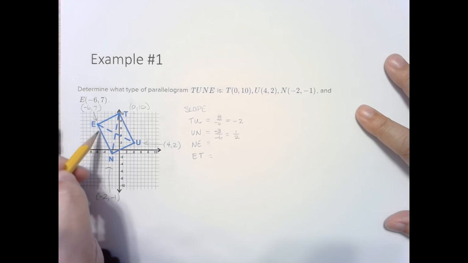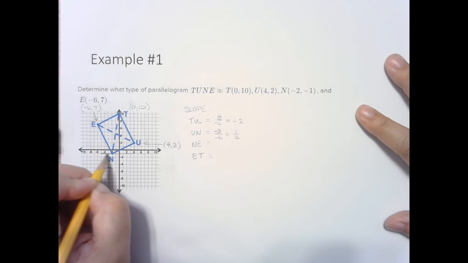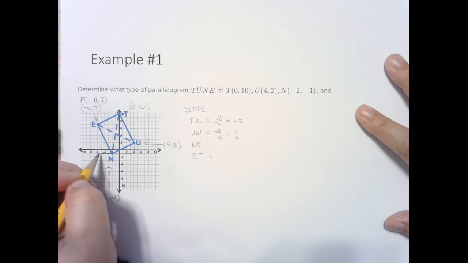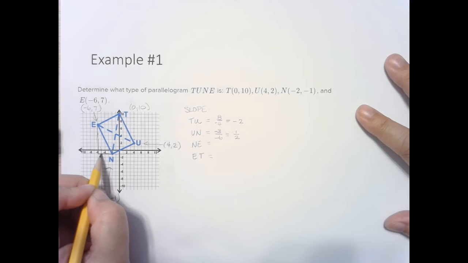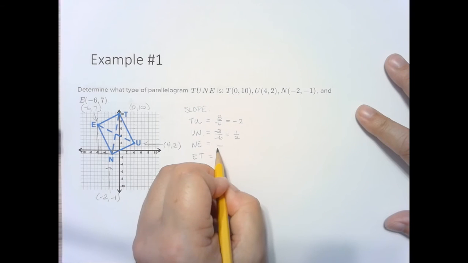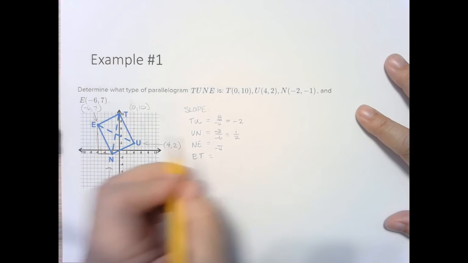Now I'm going to go into E. So I'm going to go over, okay, and then I'm going to go up. So I go left 1, 2, 3, 4. And I'm going up 1, 2, 3, 4, 5, 6, 7, 8.